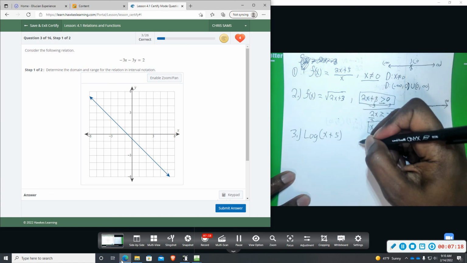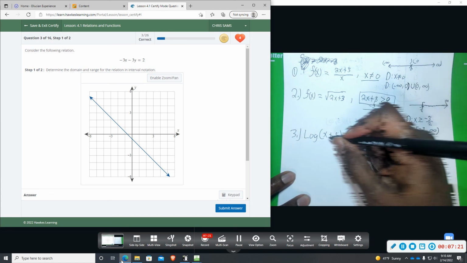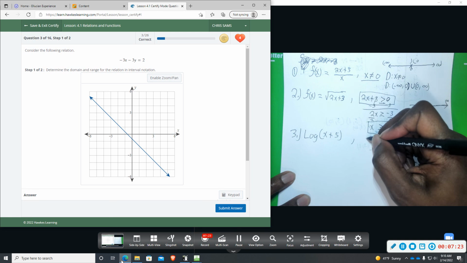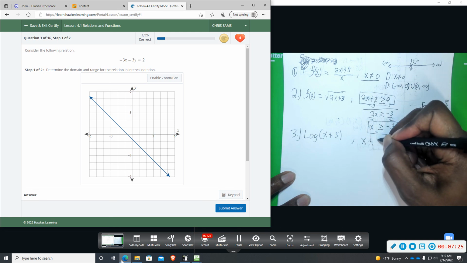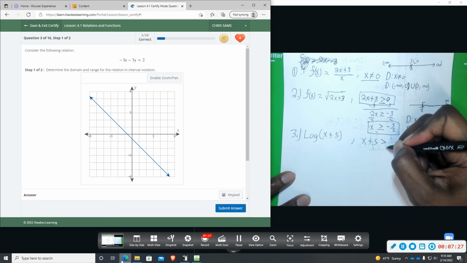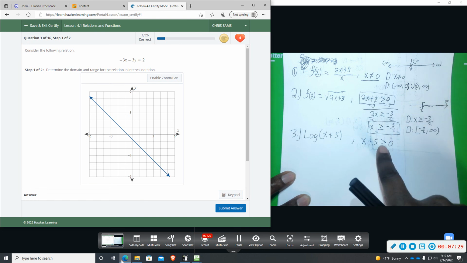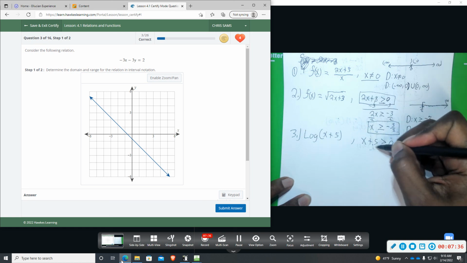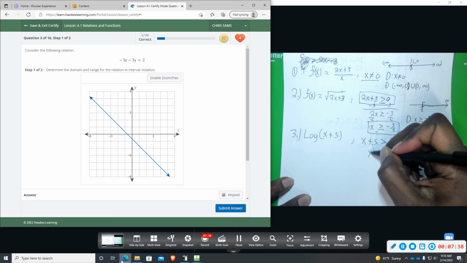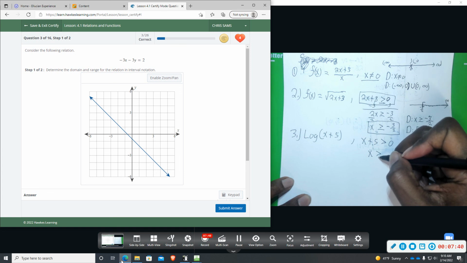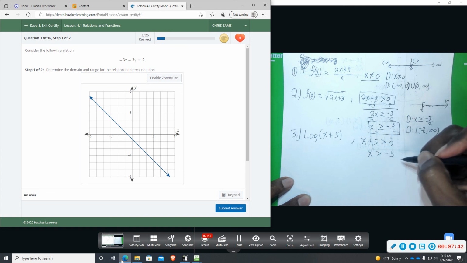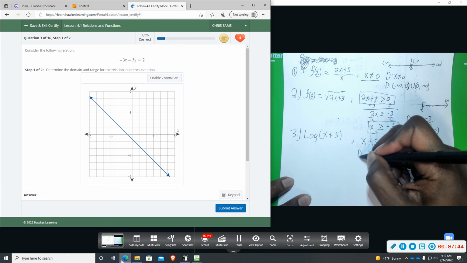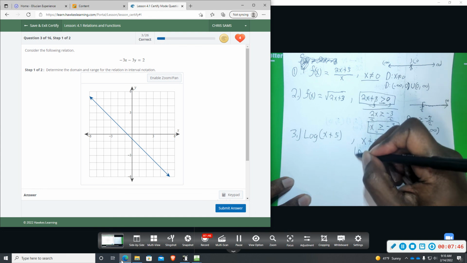And so to find your domain, you take whatever you're evaluating the log of, say x plus 5, and it strictly has to be greater than 0. No equality. This cannot be equal to 0. It strictly has to be greater than 0. So we would subtract 5, and that will give us x has to be greater than negative 5. And so this would be your domain in this example.